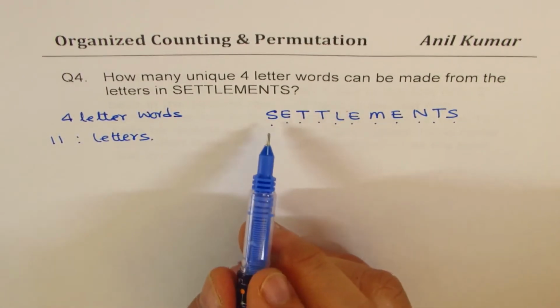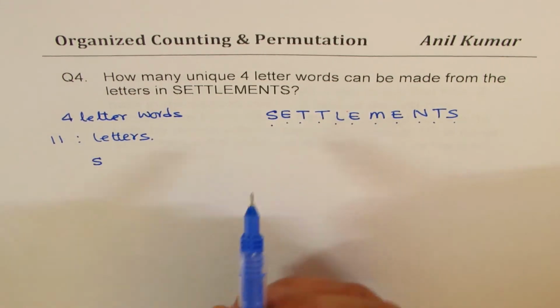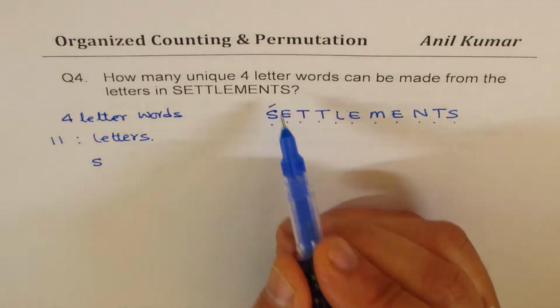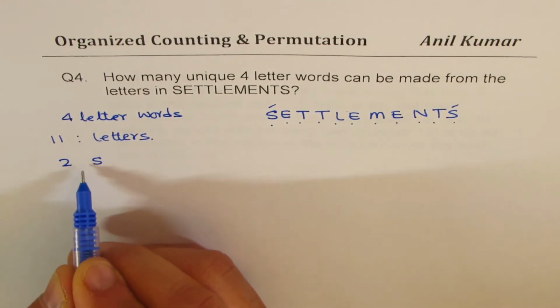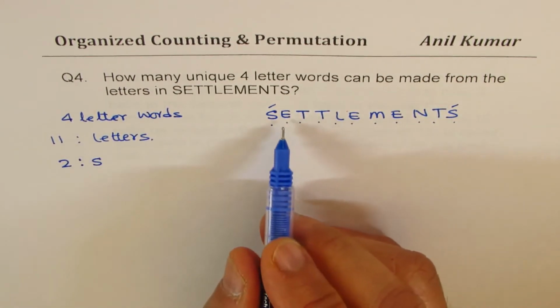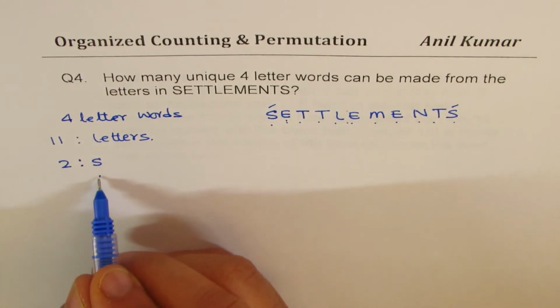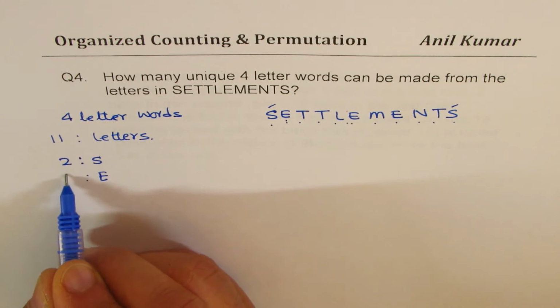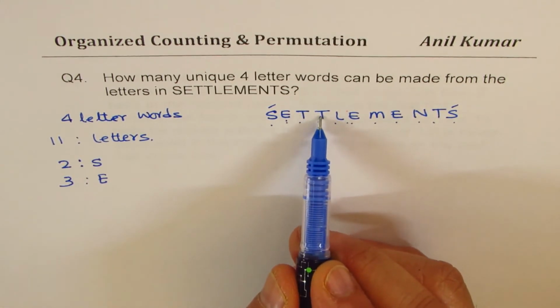Okay. S. How many S's? So S, we have 1 and 1. So we got 2 S's. E. 1, 2, 3 E's. So we'll write E here, 3 E's. Let's talk T. 1 T, 2 T, 3 T's.